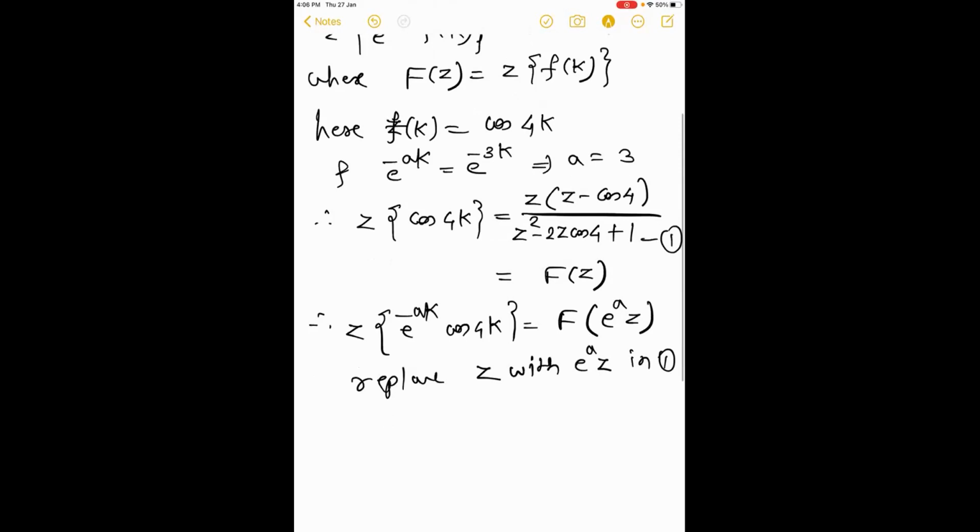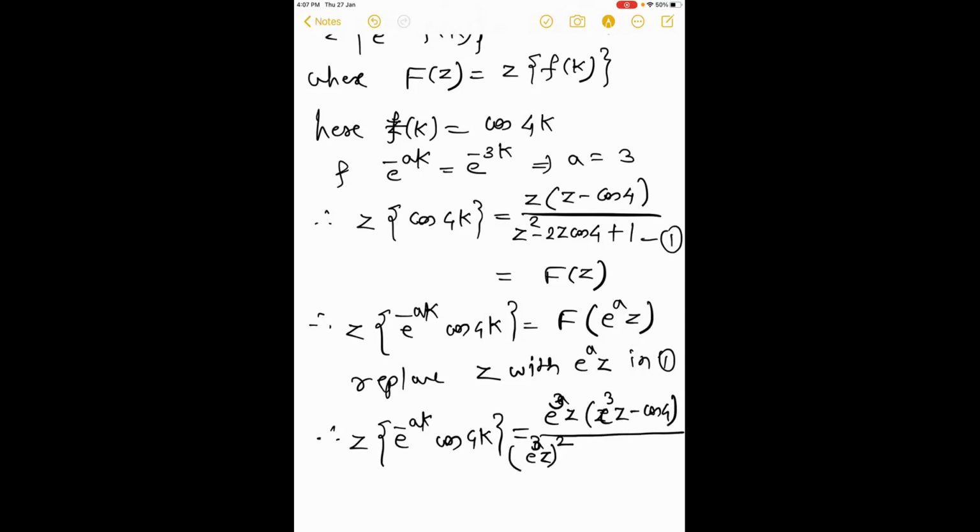In 1, therefore, the Z transform of e raised to minus ak multiplied by cos of 4k is equal to: wherever there is z, you replace it by e raised to az, where a is 3. So it is e raised to 3z into e raised to 3z minus cos 4, upon e raised to 3z squared minus 2 into e raised to 3z cos 4 plus 1.